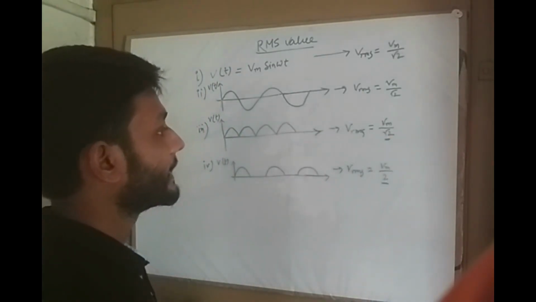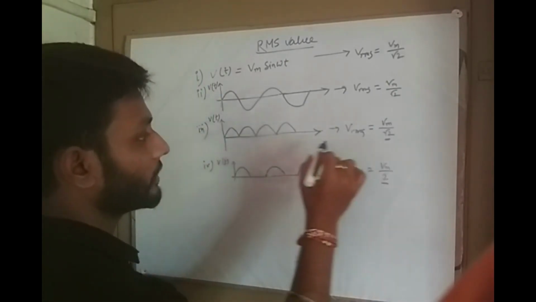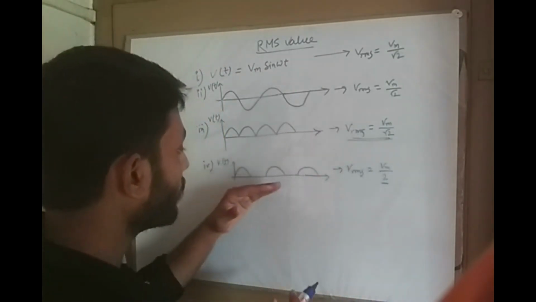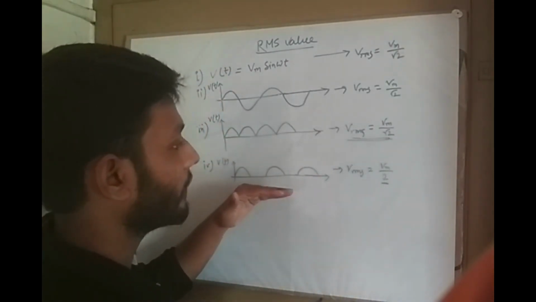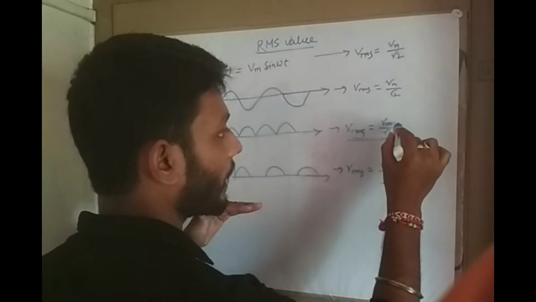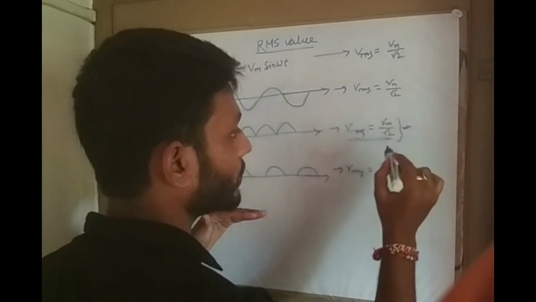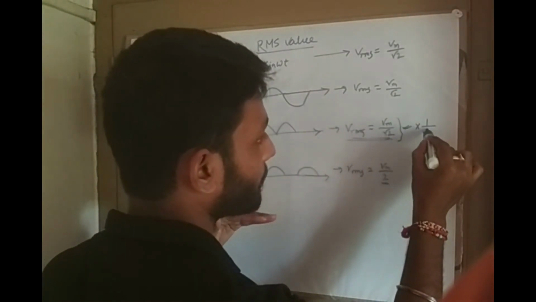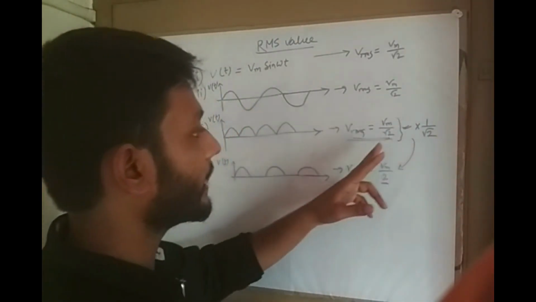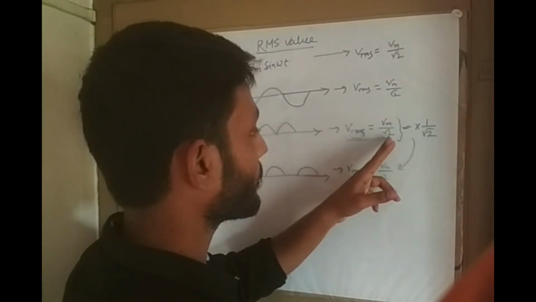Why? Now you have to remember one thing. For the same type of signal, whatever the full wave RMS value is, for half wave it will be multiplied by 1 by root 2. See here, for full wave, the RMS value is Vm by root 2.